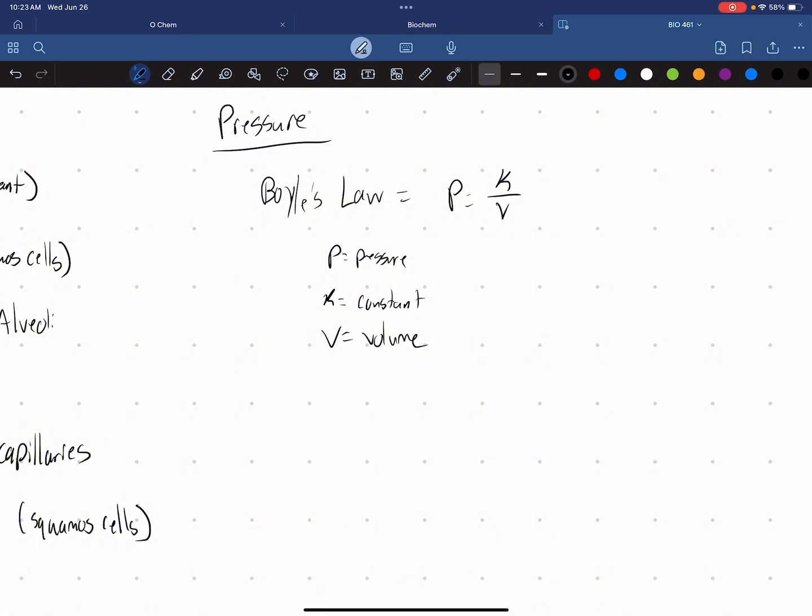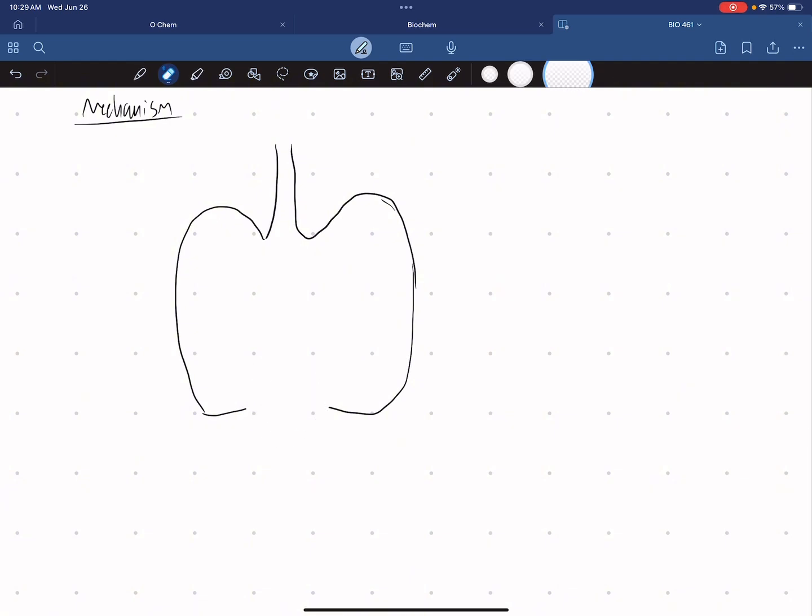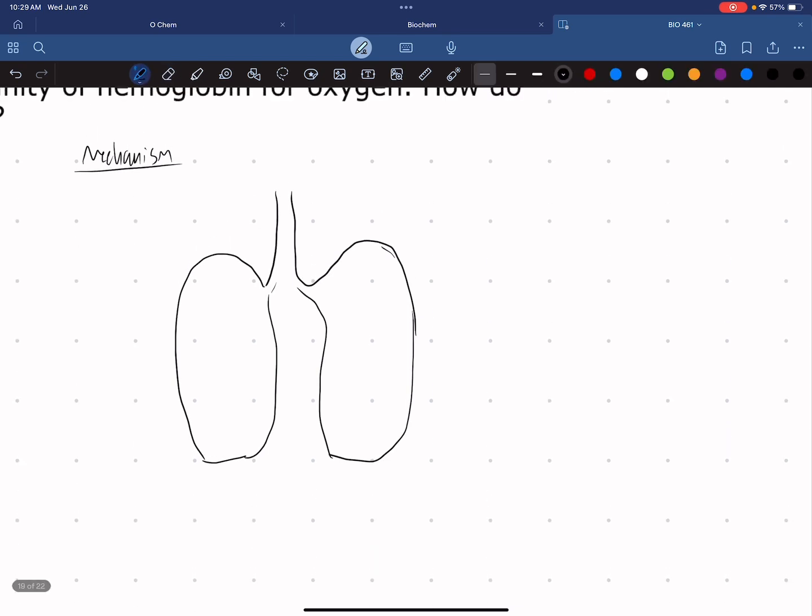type of ventilation. So now when thinking about the lungs specifically, we can talk about what happens in the lungs in terms of pressure that causes this to happen. So here, if we have our lungs, we know that there is an atmospheric pressure that is coming down from the outside.